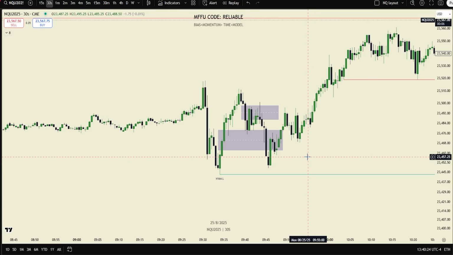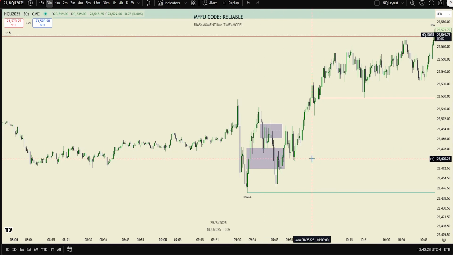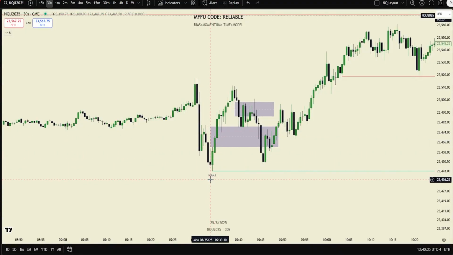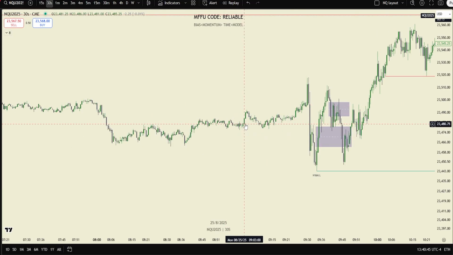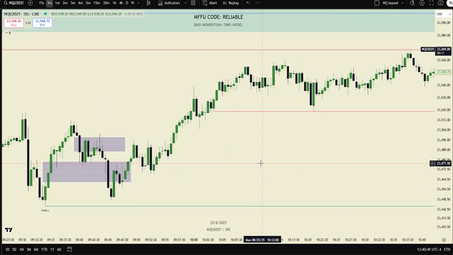You're probably going to have a higher win rate, but you're not going to make as much money in the long run. You're trying to find the balance: this setup is just good enough. Maybe this long setup doesn't meet your criteria, maybe it's not good enough. Yeah, for sure.